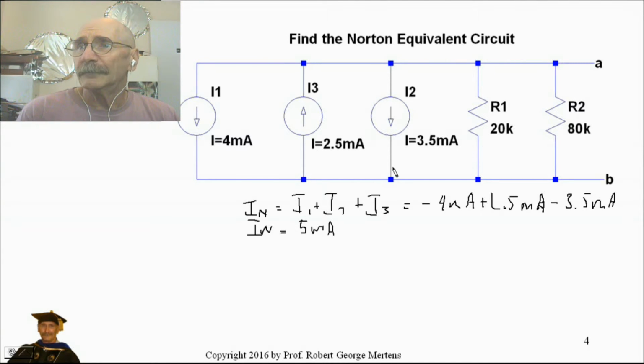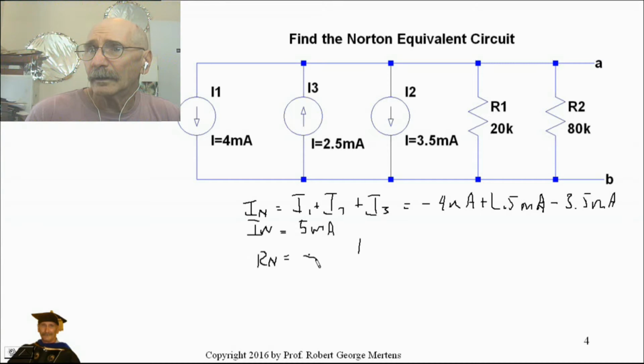Okay, and then the other one, R1 and R2, are just two parallel resistors. The Norton resistance is going to be 1 over 20K plus 1 over 80K.